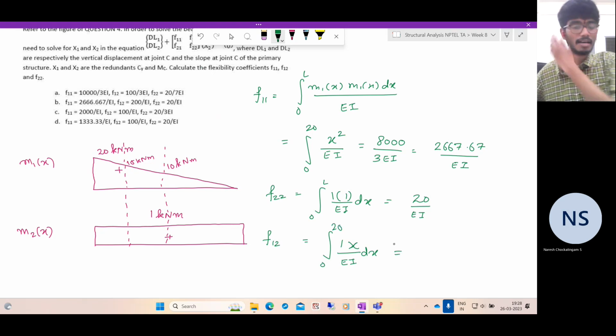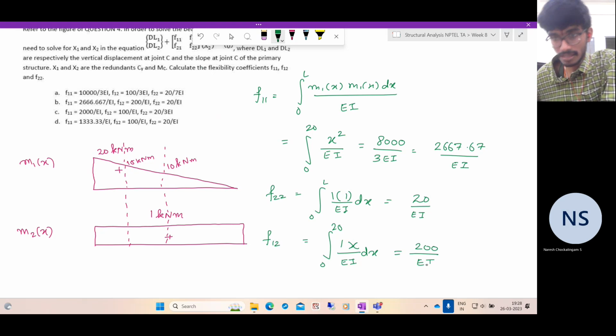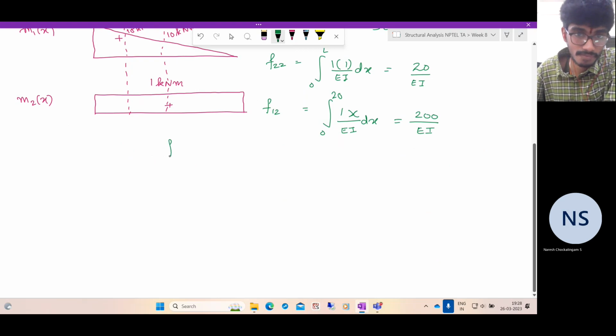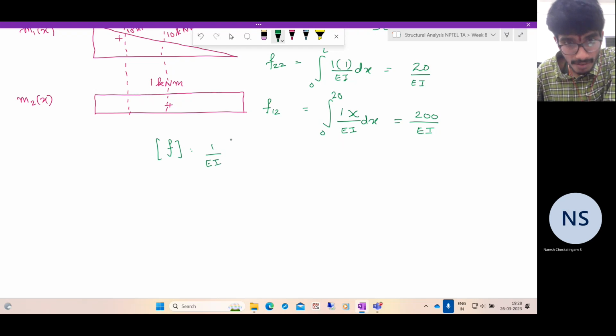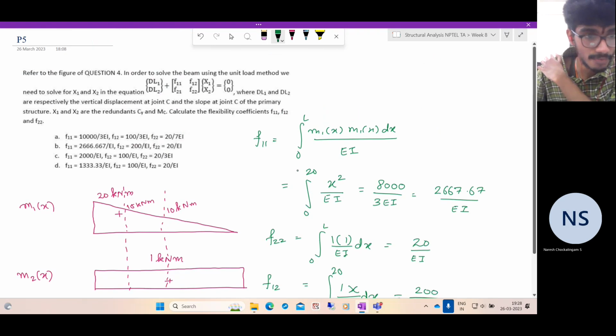So it is x squared by 2; x is 20, 20 squared is 400, and 400 by 2 is 200. So what is the flexibility matrix that we get? It is 1 by EI times the matrix 2667.67, 200, 200, 20. Which option does it correspond to? It is option B.